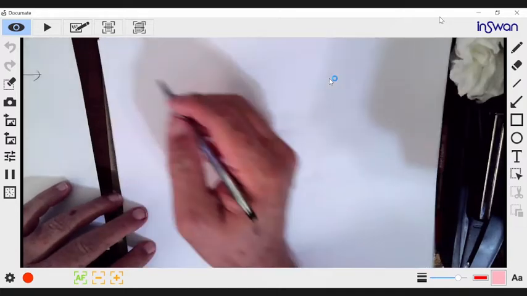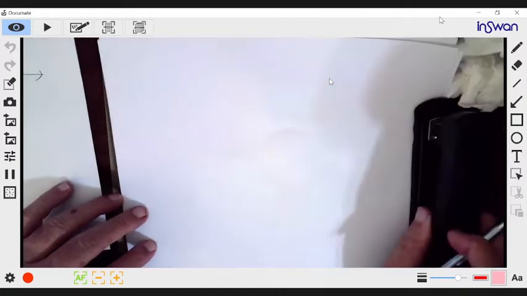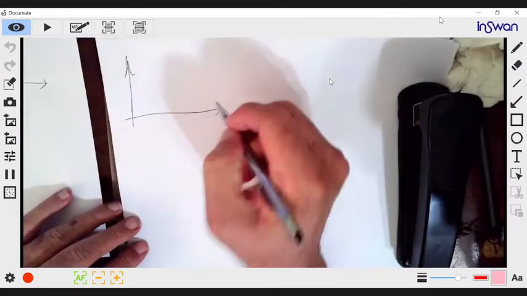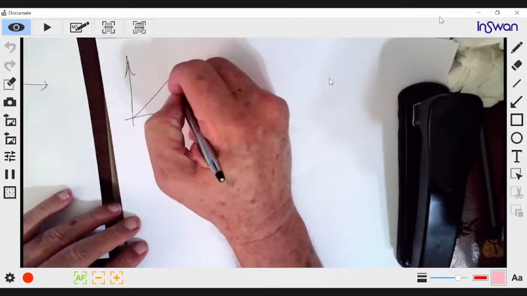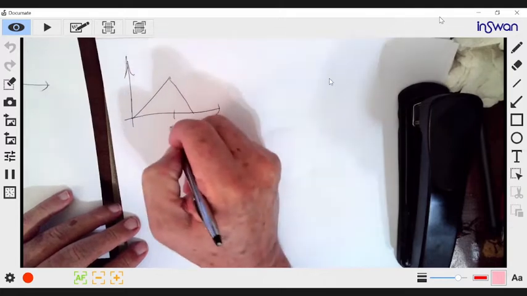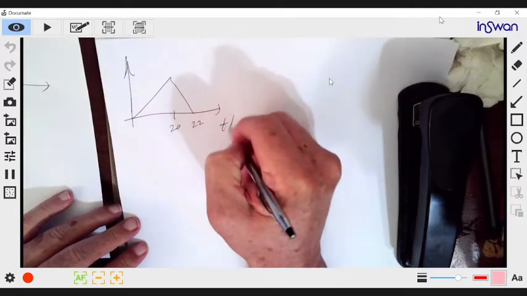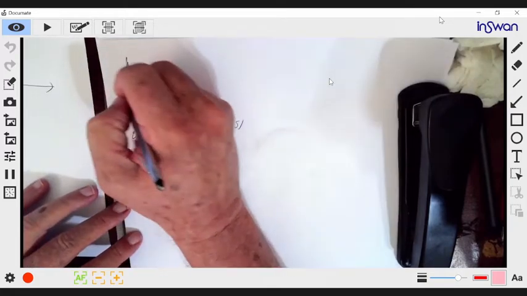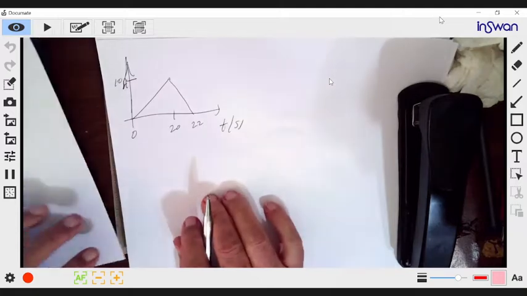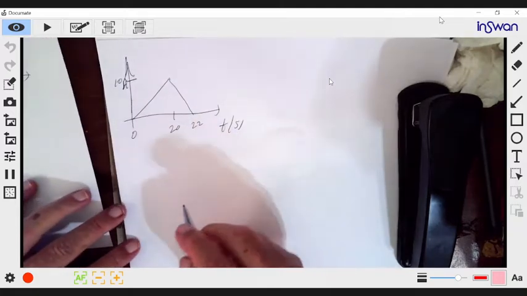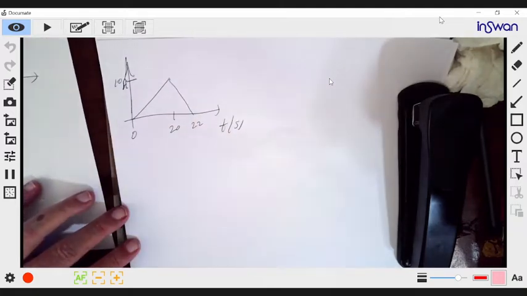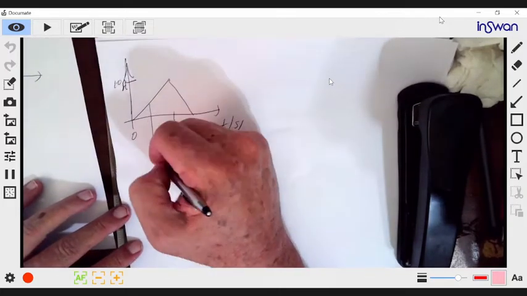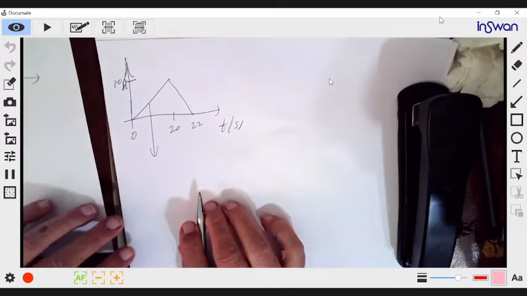Okay. But to do that, we're going to need to know the current as a function of time. So we need to know the equation of this straight line.